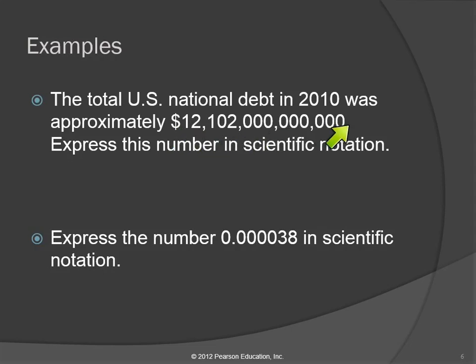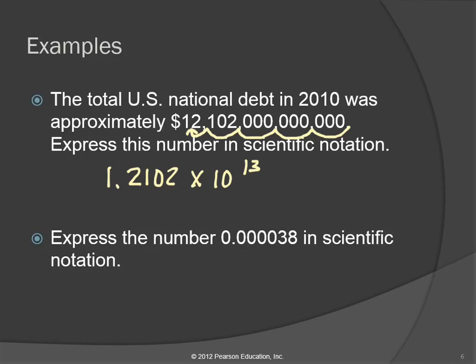This is grouped with commas, so I'm going to go 3, 6, 9, 12, 13. I have to move the decimal point 13 places. That's factoring out 13 tens. So I'm going to write this as 1.2102 times 10 to the 13.